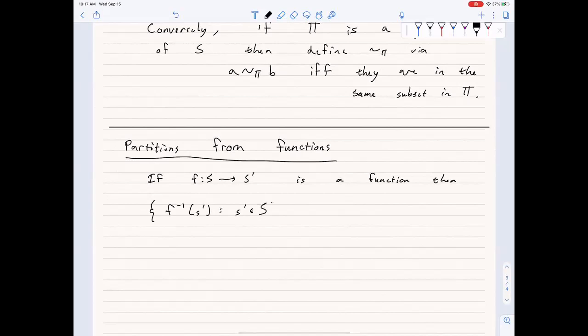This notation may not be what you're used to, but let me tell you what it means.